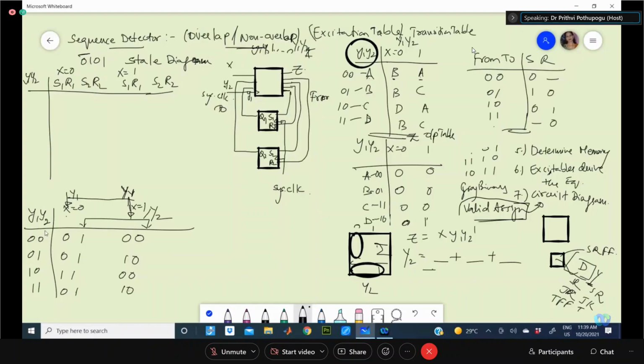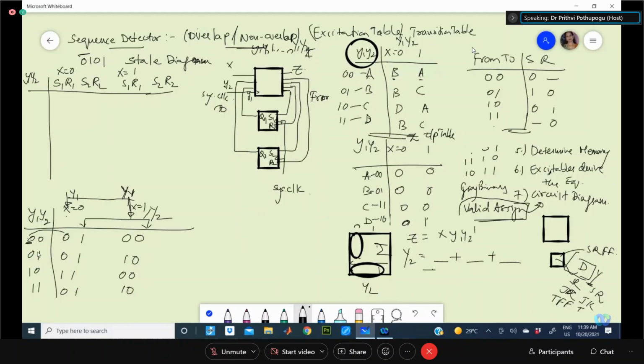See here. This is y1 of 0 going to capital Y1, 0 to 0 transition. This column and this column and this column is for Y1. The second column, your fourth column, and sixth column will be for Y2.